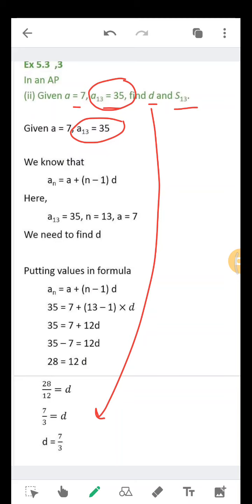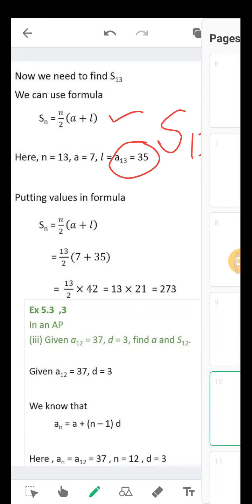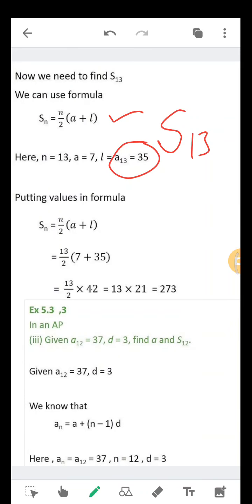So we'll use the n by 2 into a plus l formula, that is 13 by 2 into a plus l. A is 7 and l is 35, that is the last term. Or you can use another formula, s of n is equal to n by 2 into 2a plus n minus 1 into d. You can use either of the formulae.